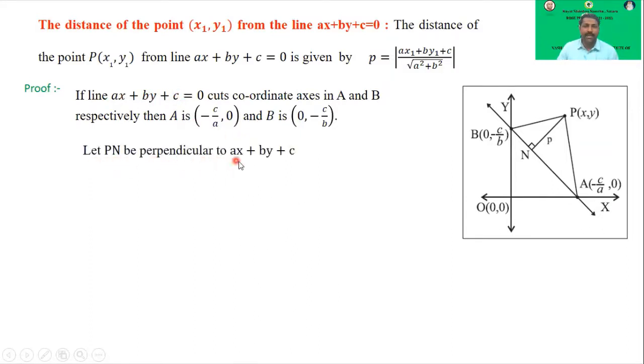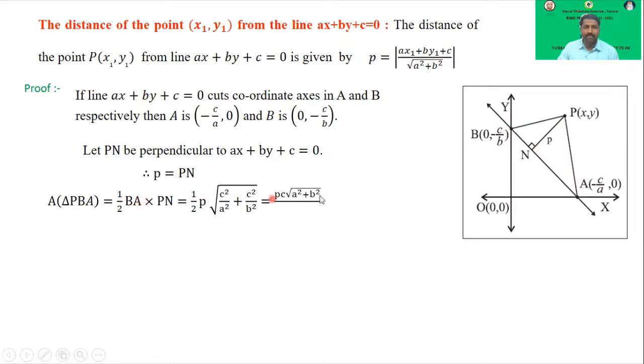Let PN be perpendicular to the line ax + by + c = 0. So this is the PN perpendicular to this line, and p is equal to PN. Area of triangle PBA is equal to half base BA into height PN, that is p. The distance AB is obtained by using the distance formula, root of (x1 - x2) square + (y1 - y2) square.